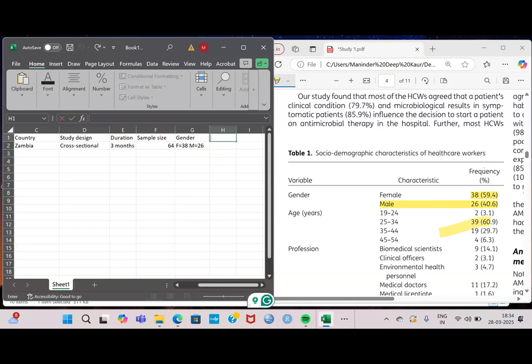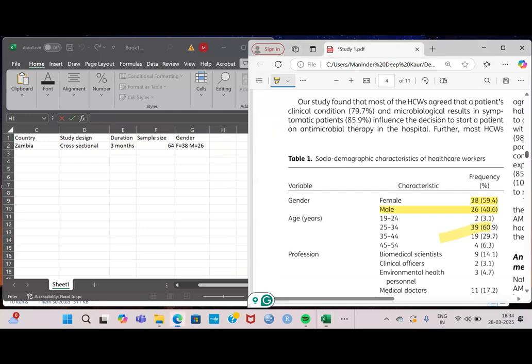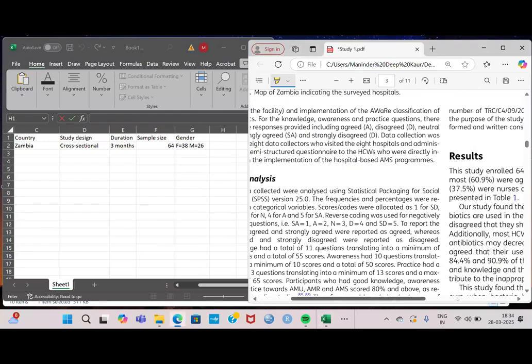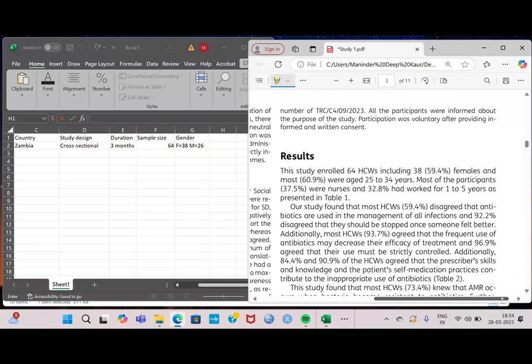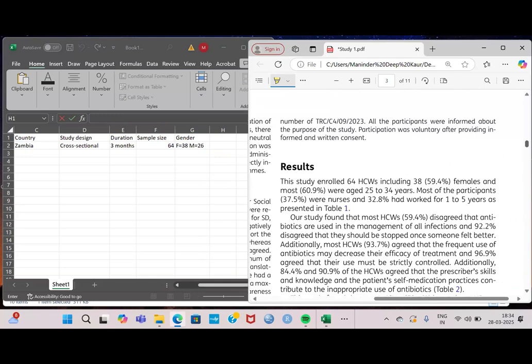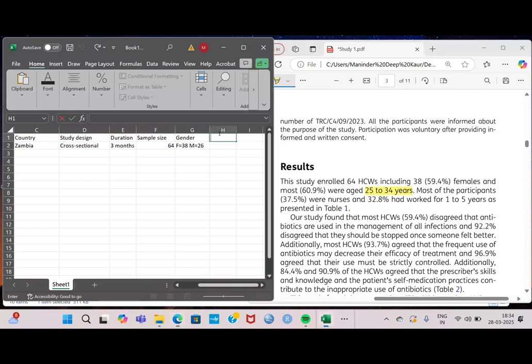Next, a very important thing we need to enter is the mean age of the participants, whether they have given the mean age. No, they have not given a mean age in the article, not in the table, not in the paragraph. They only gave the range, 25 to 34. So minimum and maximum range of age.